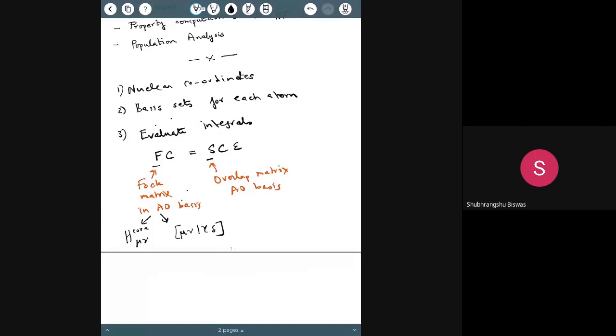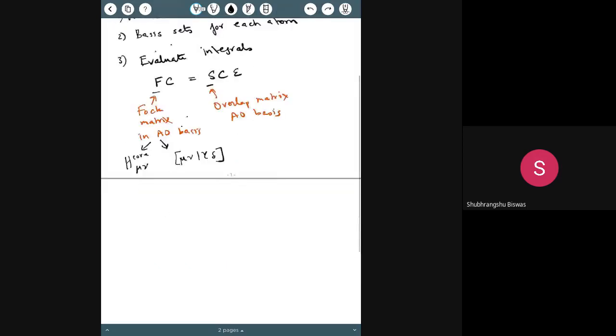Okay. So if this was an MO basis, I could have easily said which one is Coulomb and which one is exchange. That is why I stumbled when I was trying to write this. But in the AO basis, we just need all of them. There is no distinction between the Coulomb and the exchange. Anyway, so these are the integrals that we need to construct. So there are three types, 1, 2, and 3.